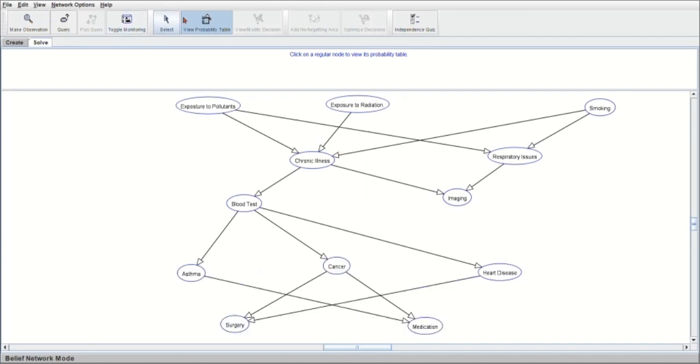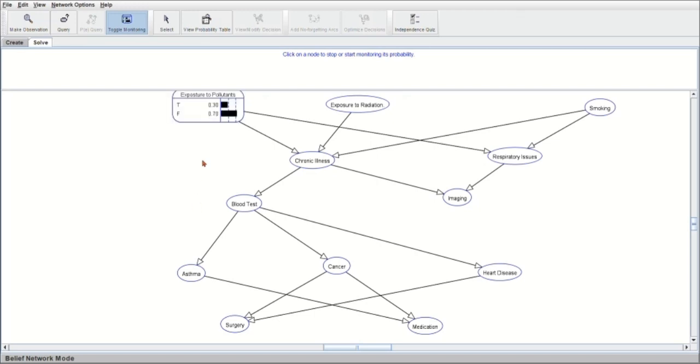Okay. So using this tool, first we define the probability for the causes, like what is the probability that chronic illness has happened due to exposure to pollutants. By using the method solve, we can see the probability, meaning what are the chances that chronic illness has occurred due to exposure to pollutants.